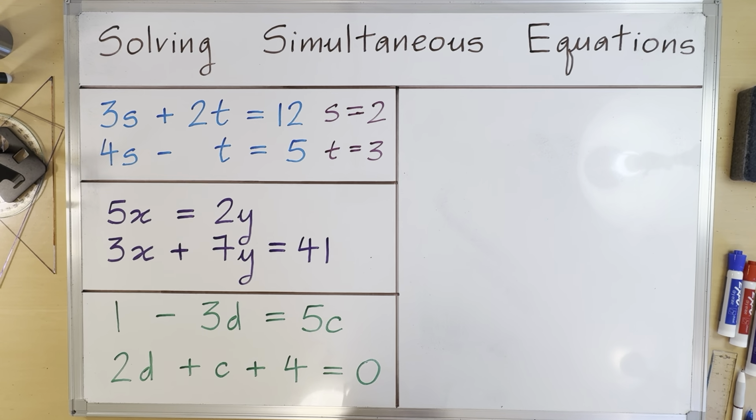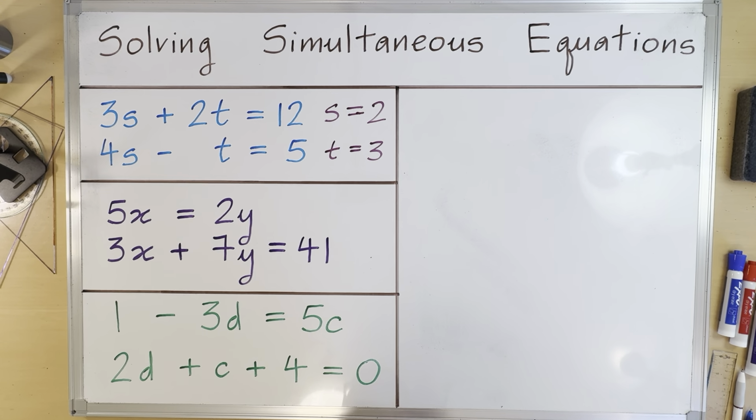Now, instead of making x the same, which we could, let's just suppose we're going to make the numbers in front of the y the same. And 2 and 7, we're going to make them 14.